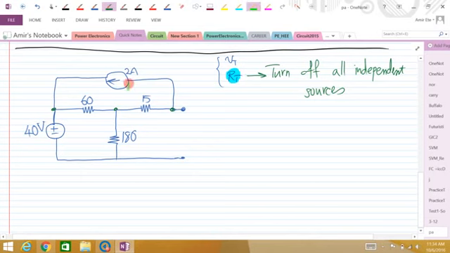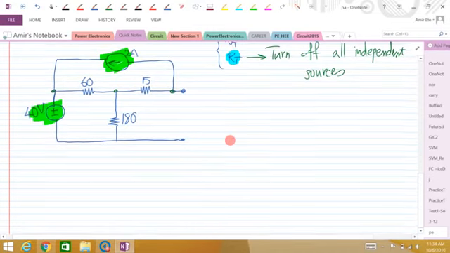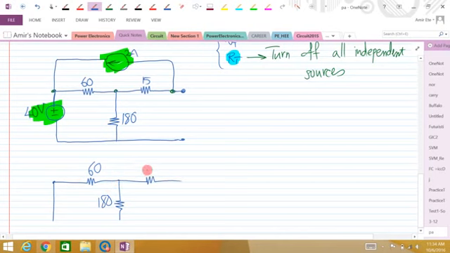There are two independent sources in this circuit: a current source and a voltage source. So the first thing I do is I turn them off. What do I mean by turning off? Turning off a voltage source means I replace it by a short circuit. Turning off a current source is replacing it by an open circuit, or just deleting this current source.